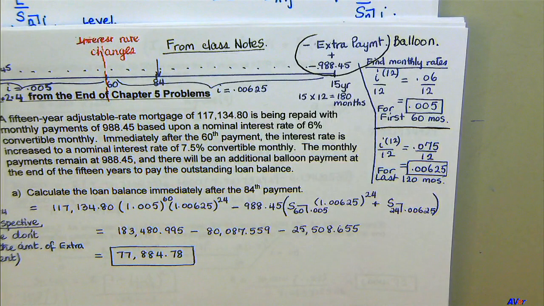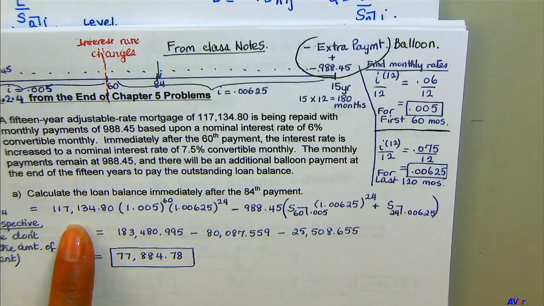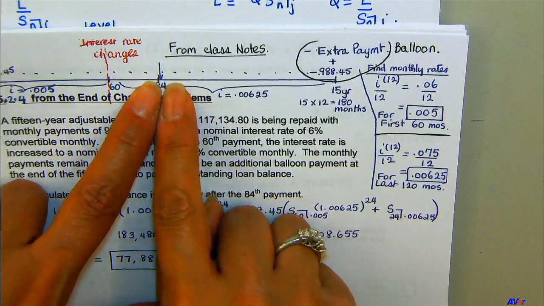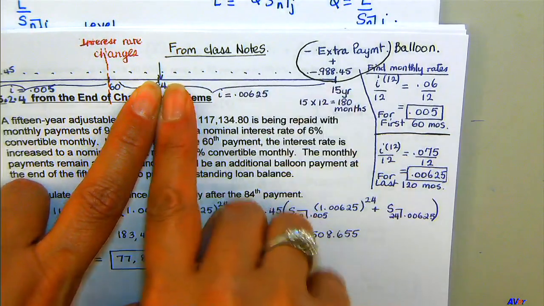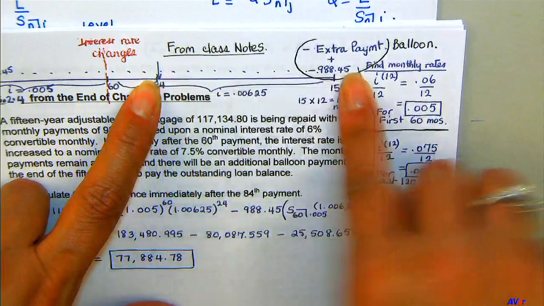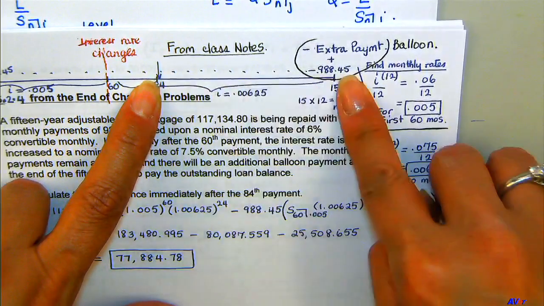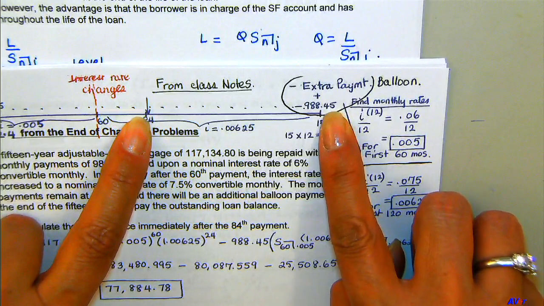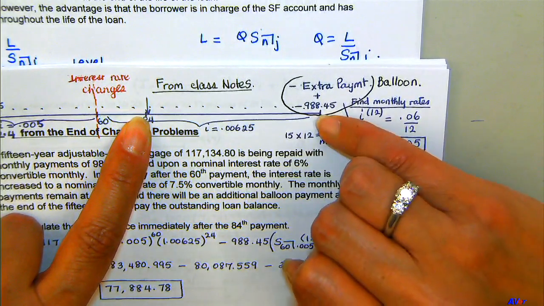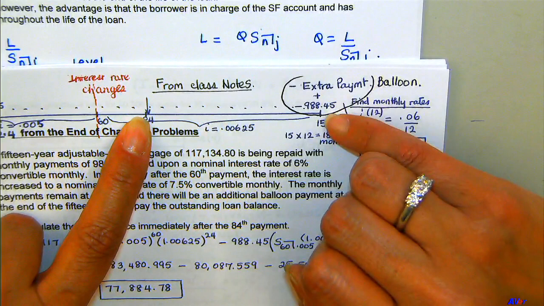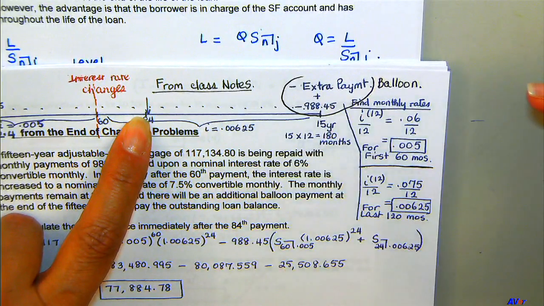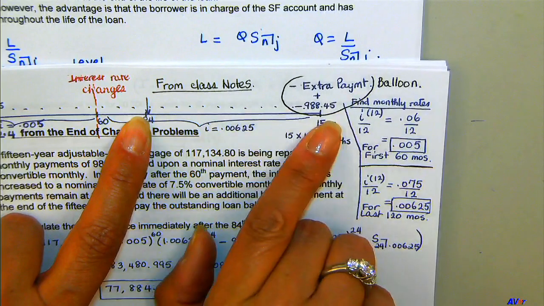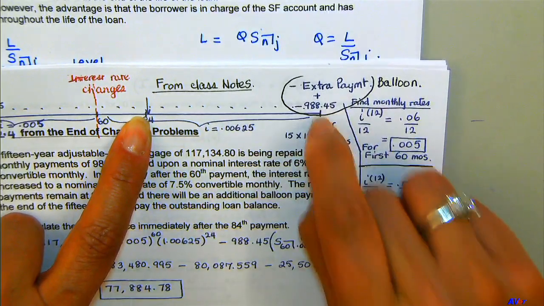So I could go use that formula that I just mentioned. In order to do this, I would be standing at 84, looking at the payments that are left, and finding the present value of the payments that are left. The problem here is that they're telling you the last payment is different from all the other payments. So it's a balloon payment. I can't even do the prospective method because the last payment is unknown.